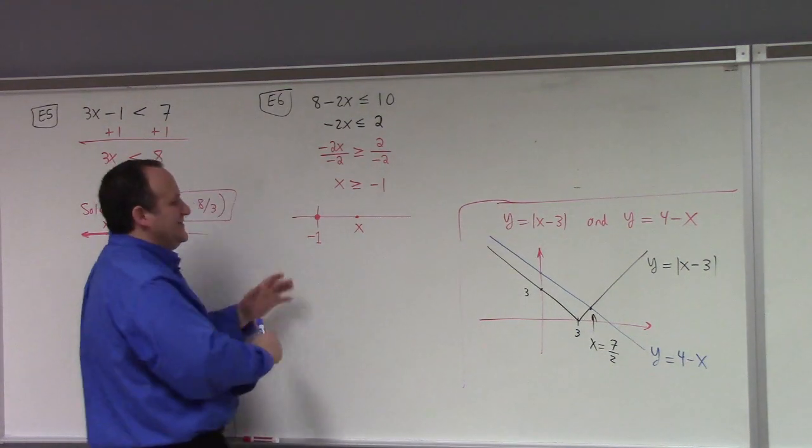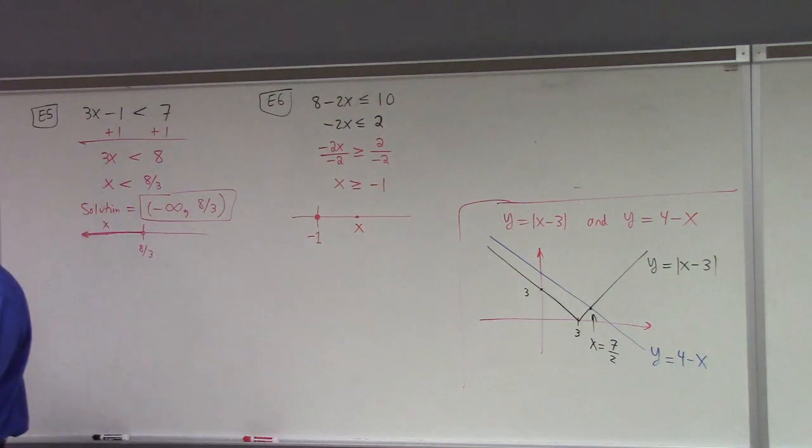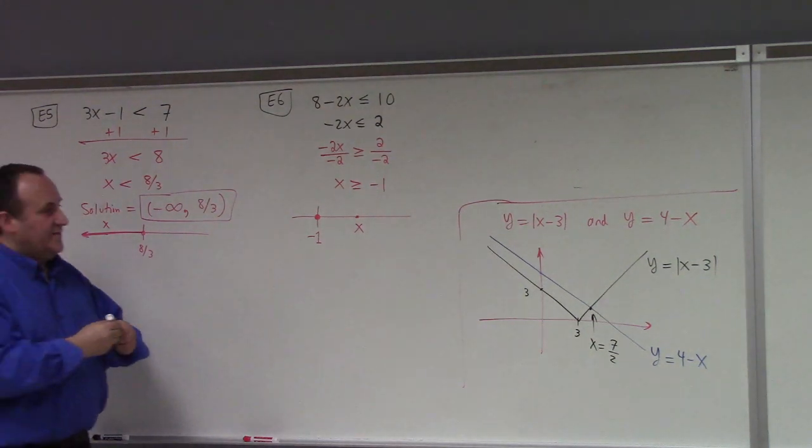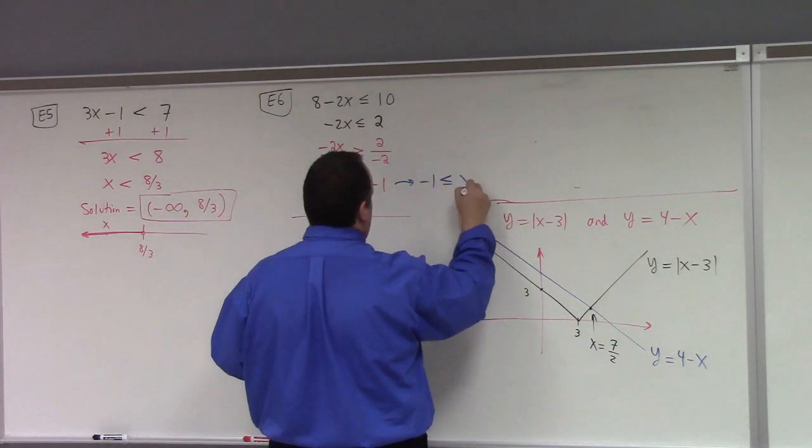So that's the thing about the number line and greater than. See the pattern? If you want the pattern of the number line to match the pattern of your inequalities, you need to write things in terms of less than. If I write this in terms of less than, this is minus 1 less than or equal to x.